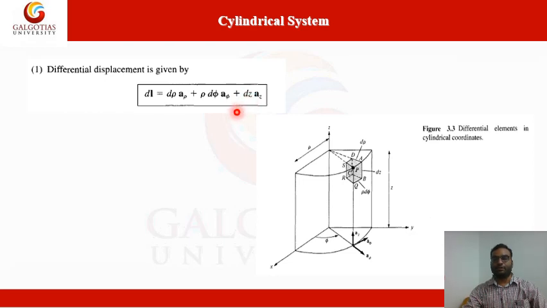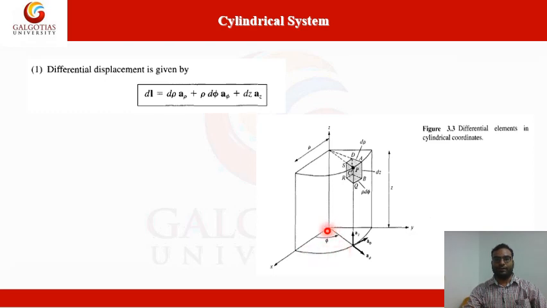Now the question comes to your mind: where does this rho come from? As we know, x, y, z are lengths in Cartesian coordinates. But if you remember, in cylindrical coordinates there is one coordinate which is an angle, as you see in the figure.